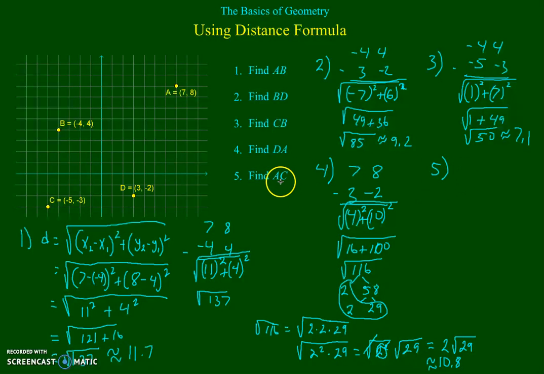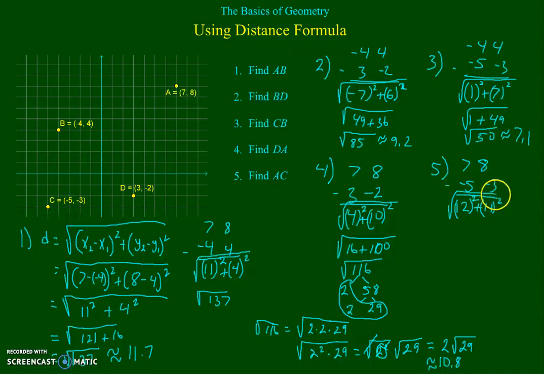Okay, then for number 5, we're looking for the length of AC. So that's 7, 8, and negative 5, negative 3. 7 minus negative 5 is 12. 8 minus negative 3 is 11.